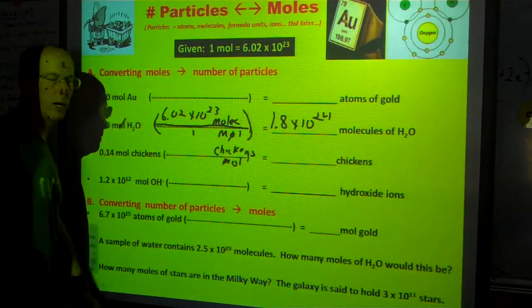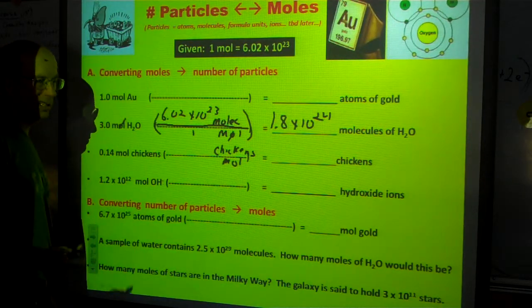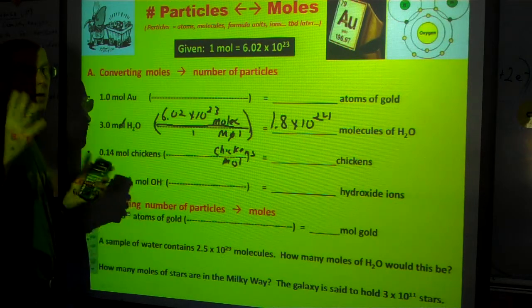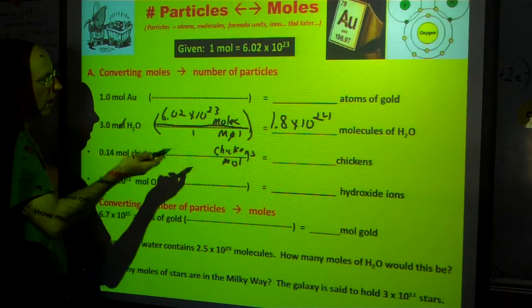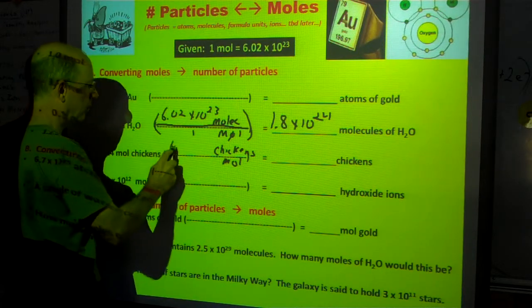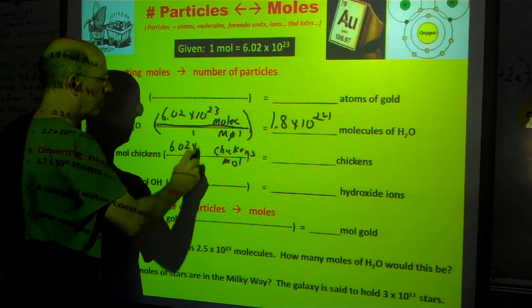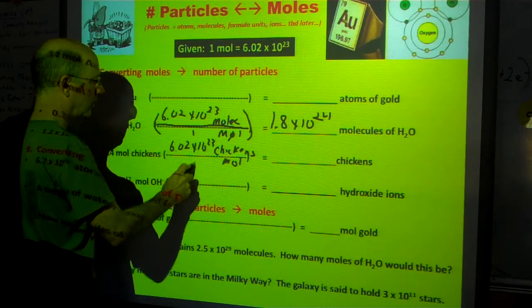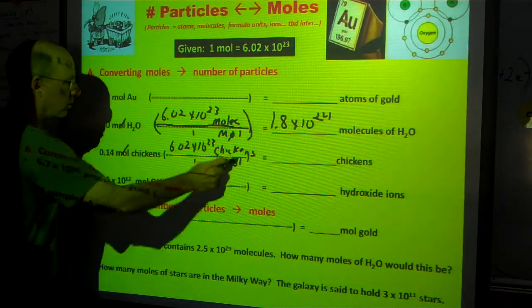How many chickens are there in a mole? Well, just like there's always 12 in a dozen, in this case, there's always 6.02 times 10 to the 23rd in a mole. So you write in 6.02 times 10 to the 23rd chickens for 1 mole. Moles cancel with moles.